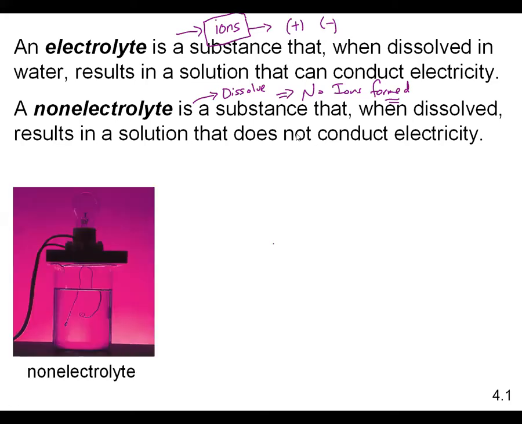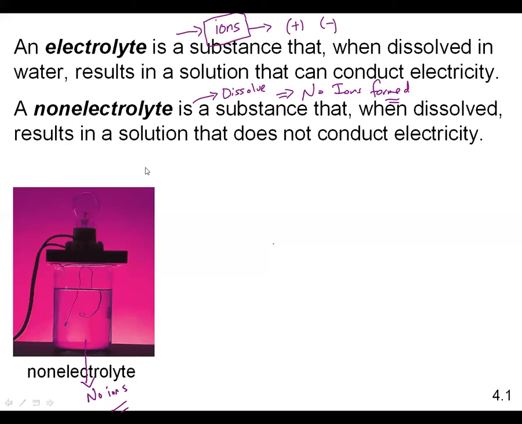If we put an electrode like we have in this picture, attached to a light bulb, into a solution that's a non-electrolyte, because the solution has no ions floating around, it's not able to conduct electricity. So what we see in the picture is that the light bulb does not go on, it stays off. It is not able to conduct electricity. So obviously no light.